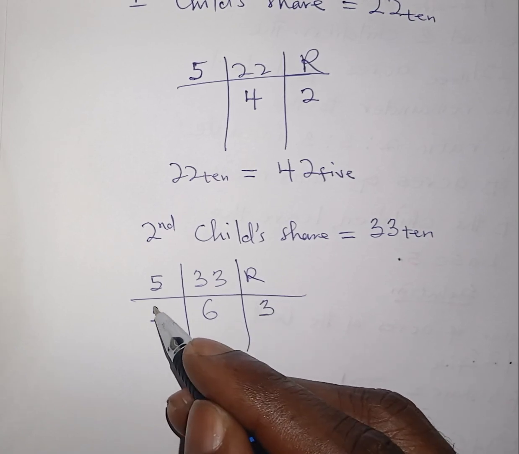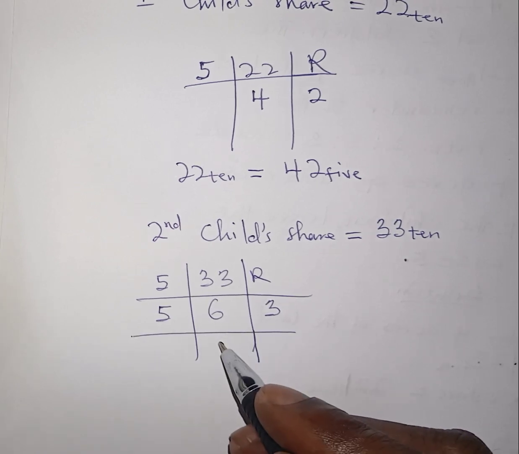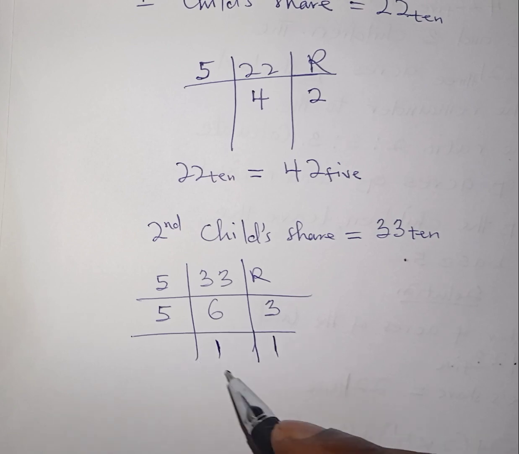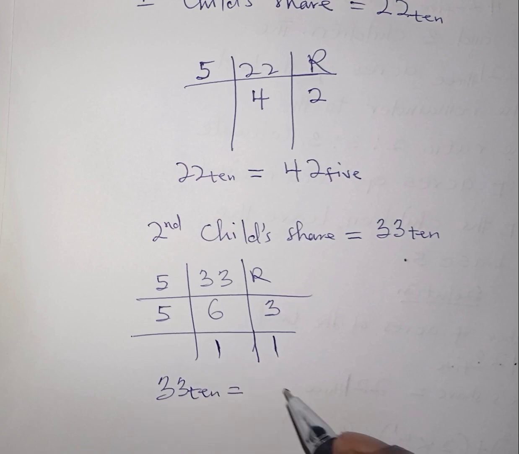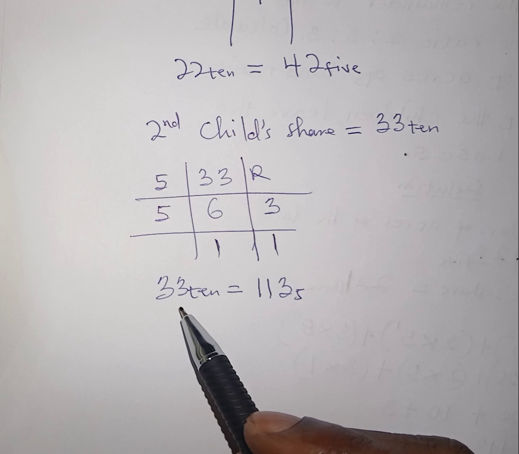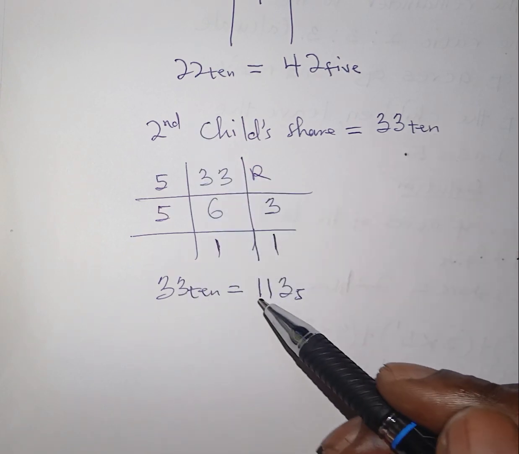We can still divide 6 by 5, and then we have 1, remainder 1. So this is going to be my answer. So 33 base 10 is equal to 113 base 5. Yes, good.